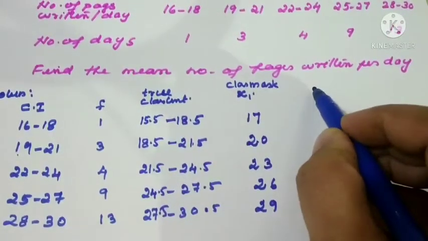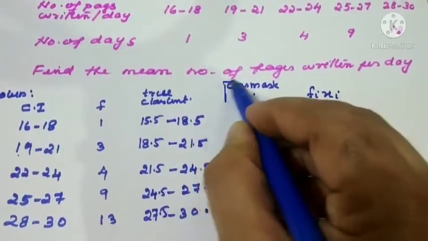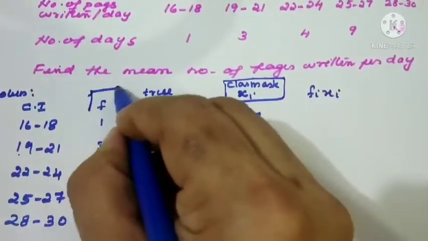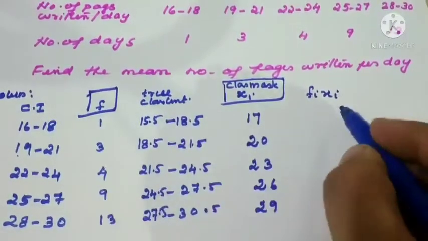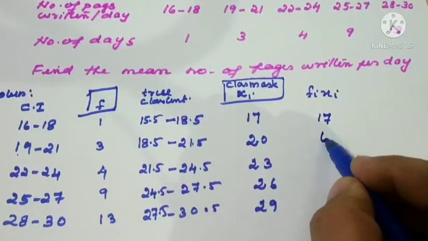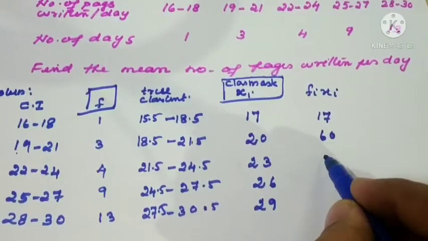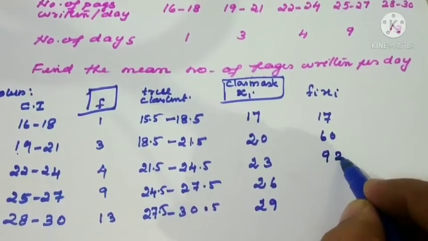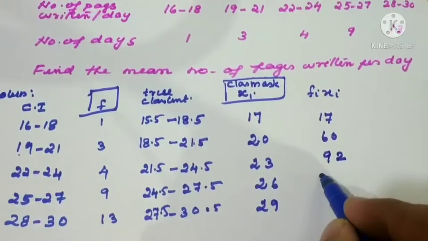Now what is the next column? Fi xi. So we should multiply the class mark and the frequency column. Each term should be multiplied. 1 into 17, 17 only. 3 into 20, 60. 4 into 23, it is 92. 26 into 9, 234.